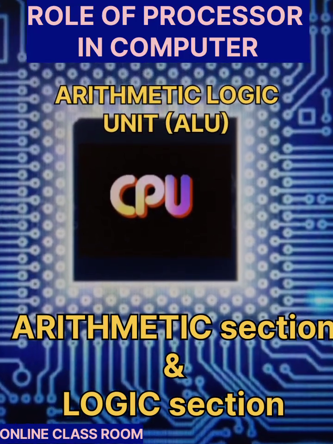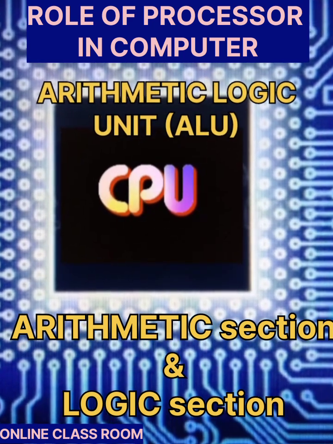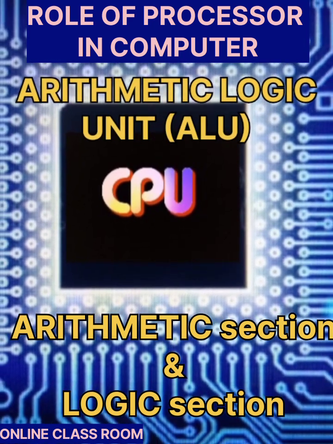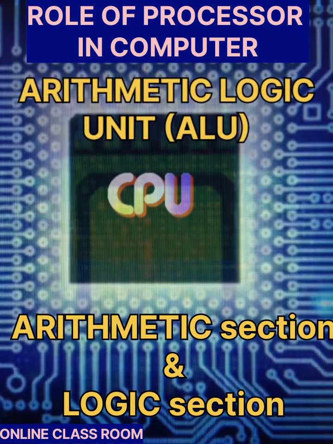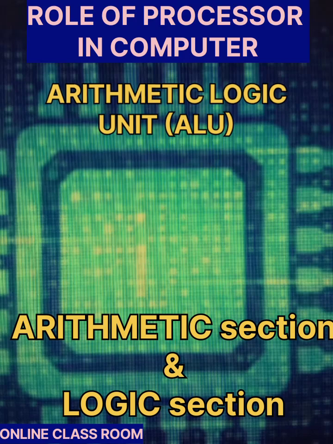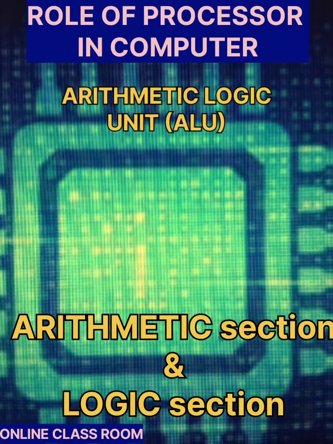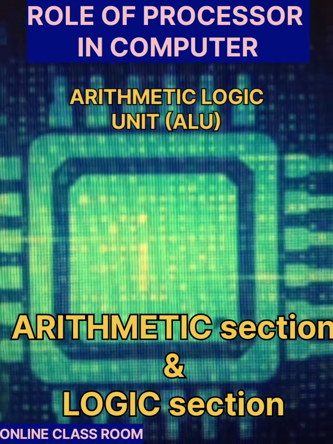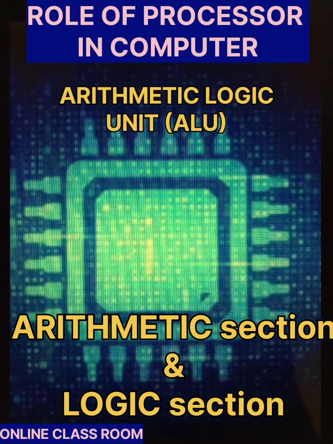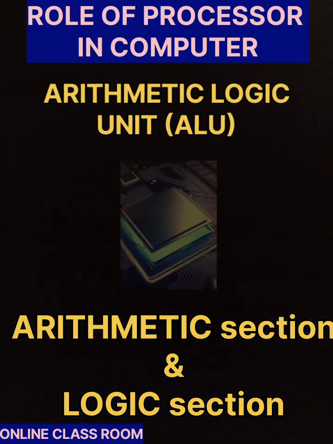The ALU performs these basic operations, and it can also carry out more complex calculations by repeatedly using these fundamental operations. In logic section, this part is responsible for logical operations which include tasks like selecting, comparing, matching, and merging data. The ALU carries out all of these functions as well.